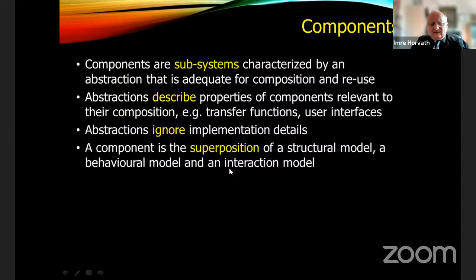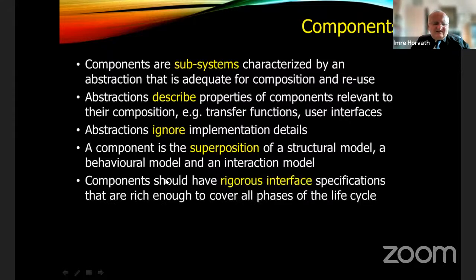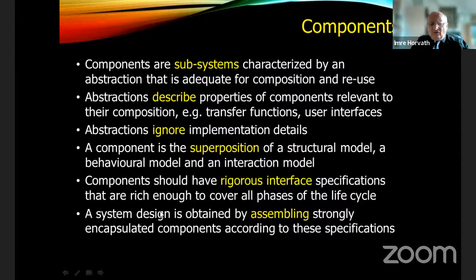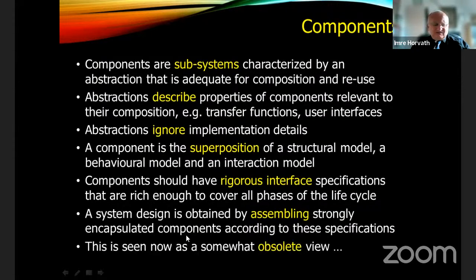The component is the superposition of structural models, a behavioral model, and an interaction model. Components should have rigorous interface specifications that are rich enough to cover all phases of the life cycle. System design is obtained by assembling strongly encapsulated components according to these specifications.